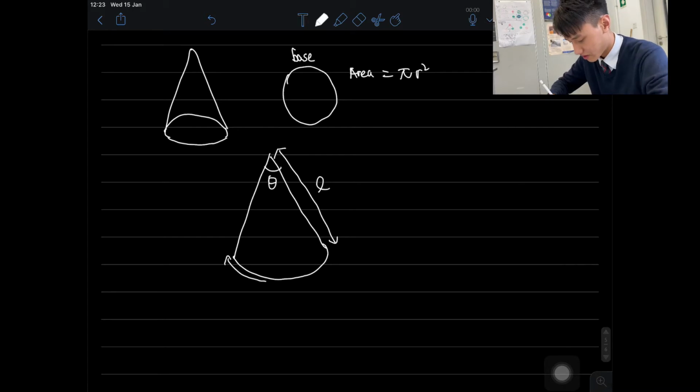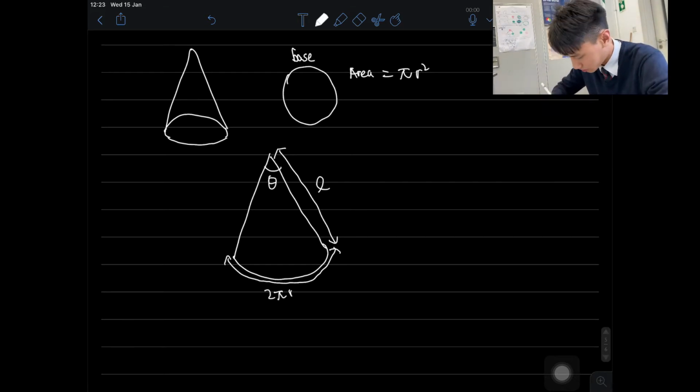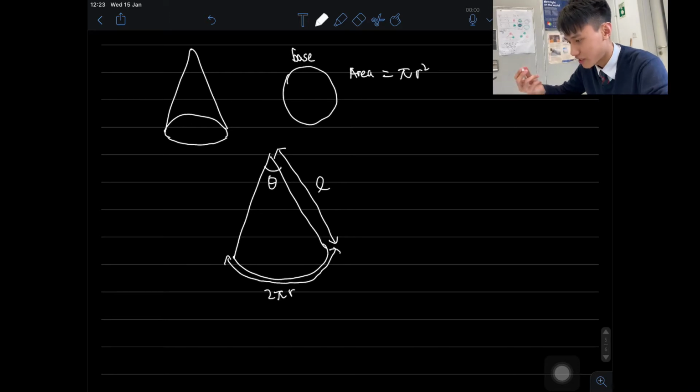And the arc length of this sector would be equal to the circumference of the base, which we know is 2 pi r. So let's do some maths.